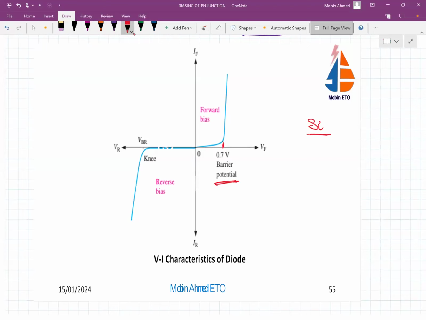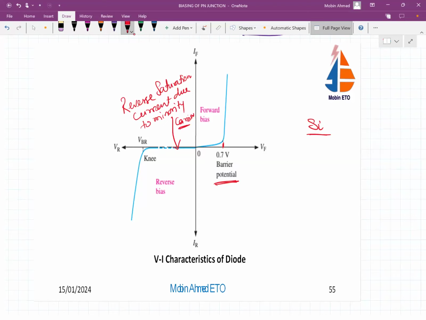When we give reverse bias, a small current flows in the reverse direction. This is known as the reverse saturation current, and it is due to the minority carriers.